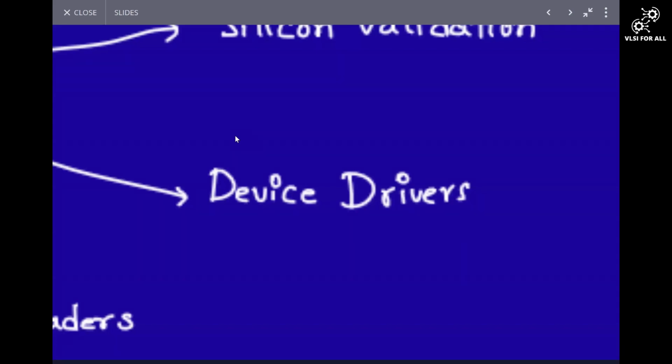Has anyone seen those drivers come up whenever you are attaching new devices? Yes, right? So basically, installing drivers. In order to control a keyboard or mouse, there are sets of programs which are already compiled for x86, for your laptop processor.